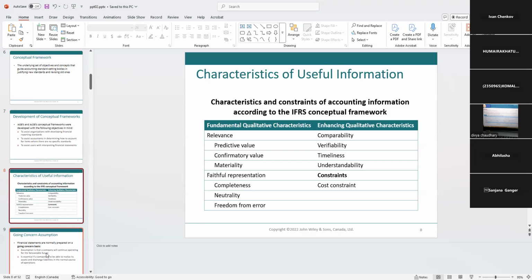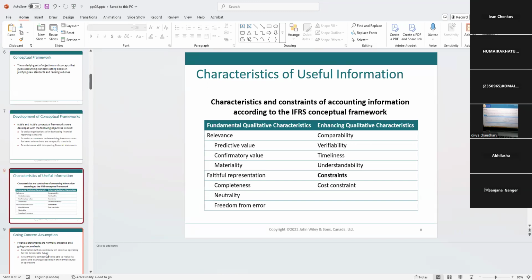What's going to make the financial statements even better are the enhancing characteristics, which help you compare the financial statements of two companies. Information is verified by a third party, such as auditors or reviewers. The information is presented on time, so it can be valuable for the user's decisions.